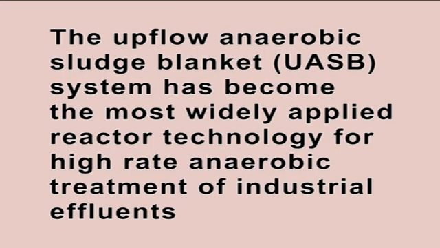The upflow anaerobic sludge blanket, generally represented as the UASB system, has become the most widely applied reactor technology for high rate anaerobic treatment of industrial effluents. The main reason for the success of the UASB is its relatively high treatment capacity, up to 10 kg COD per meter cube per day, compared with the other biological systems, which permits the employment of compact and economic wastewater treatment plants.